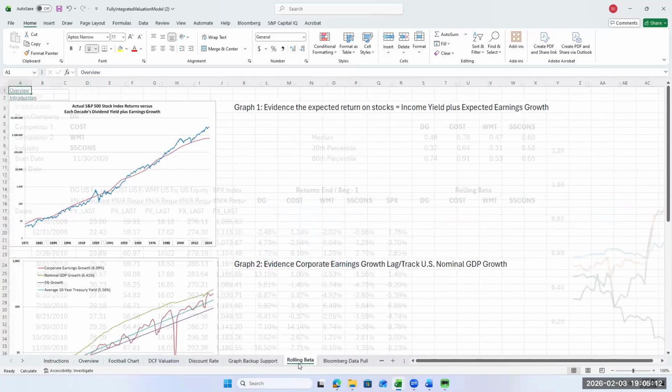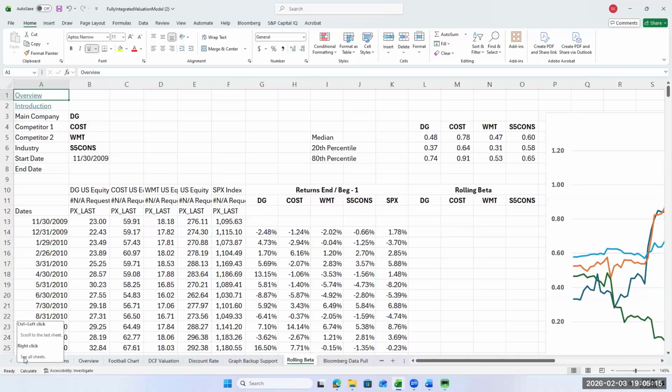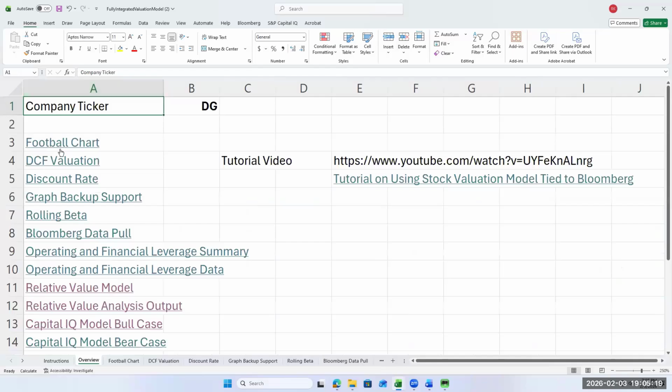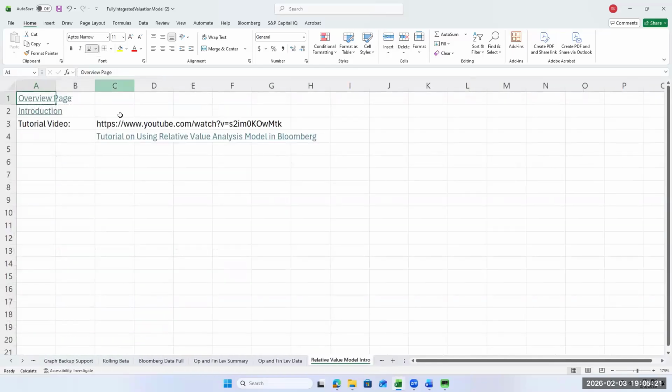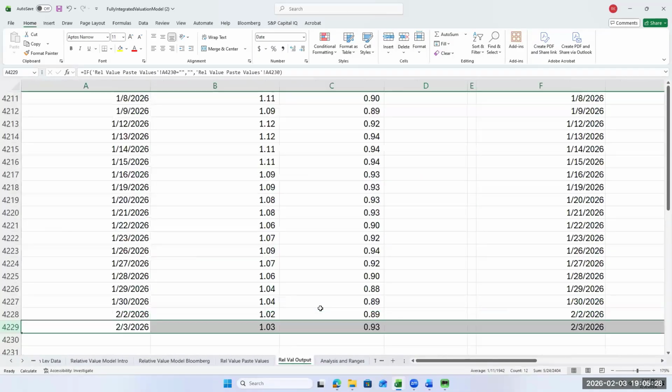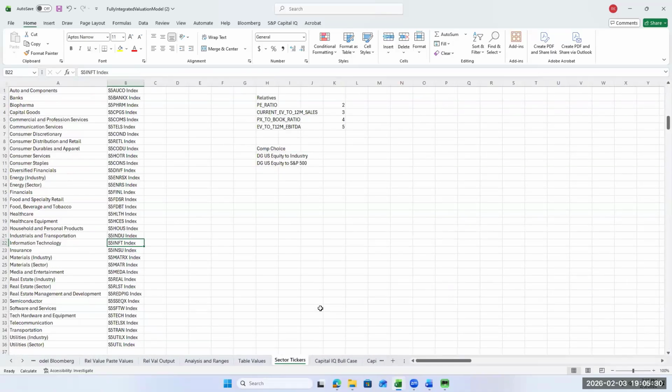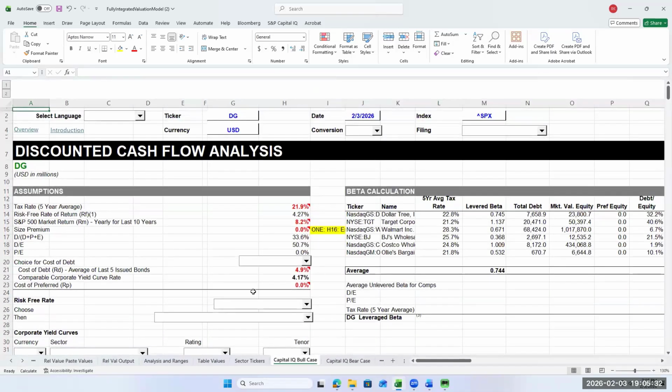I know on the relative value model, there is a video there that you can use to help with it. That works pretty well. I can't remember if I created a video for Cap IQ. I don't think I did. So you can rely on this class. And I can probably find a video from last semester where I walked through it as well, but it's there.